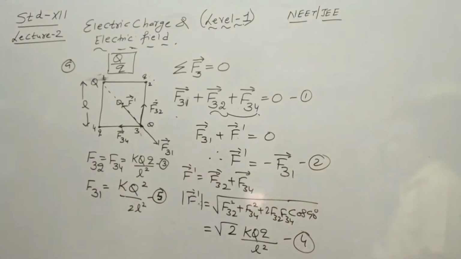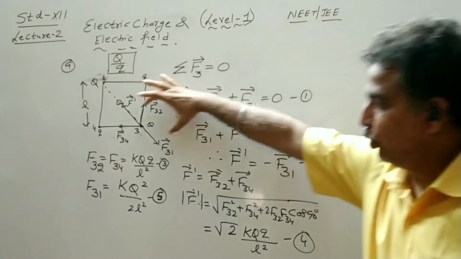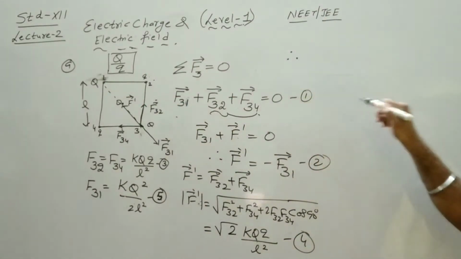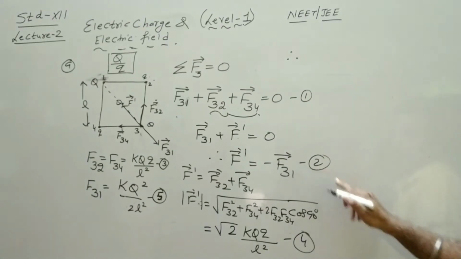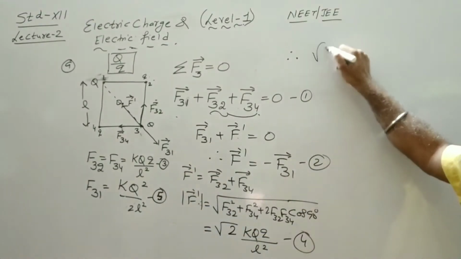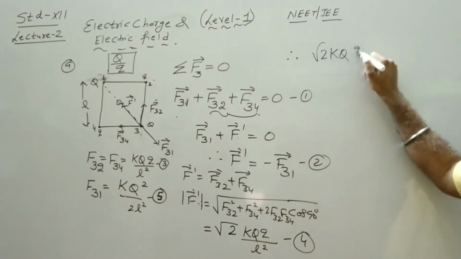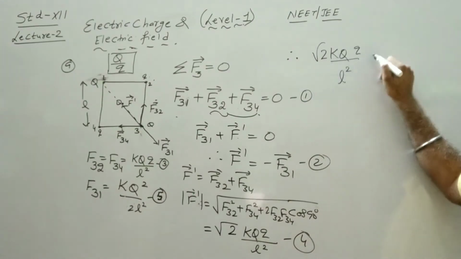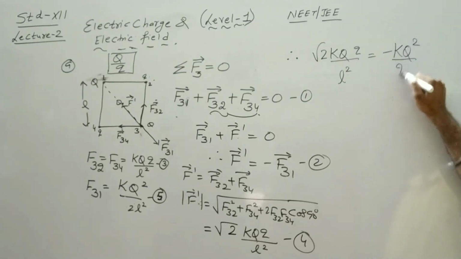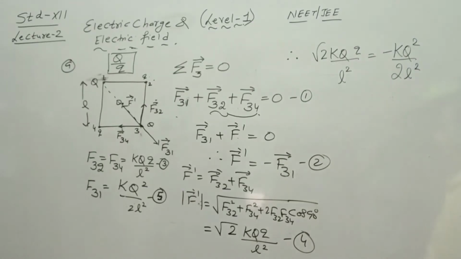Instead of this, it is clear that both should be opposite to each other, and therefore from equation number 4 and 5 we write that root 2 KQq upon L square is equal to minus KQ square upon 2L square.